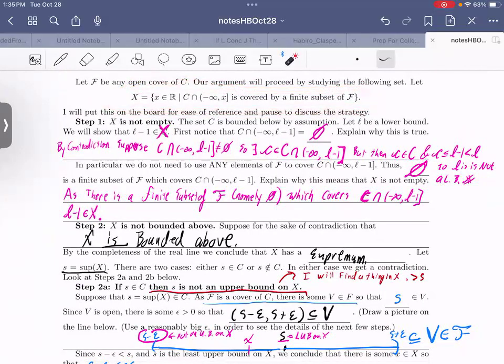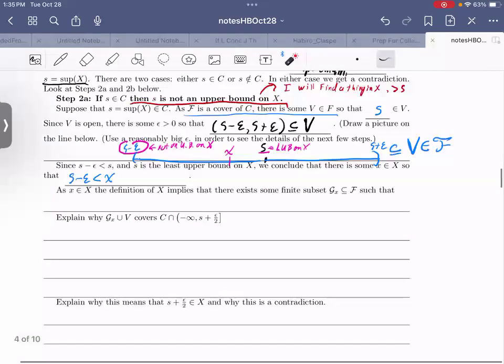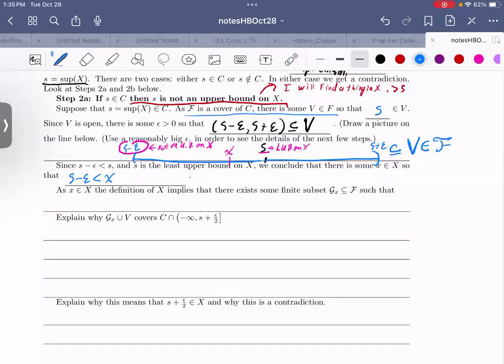All right, that's a lot, but that definition just says if I only take things in C that are to the left of X, that is covered by some finite subset. As X is in big X, the definition of big X implies that there's some finite subset.